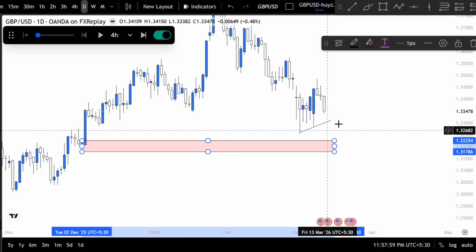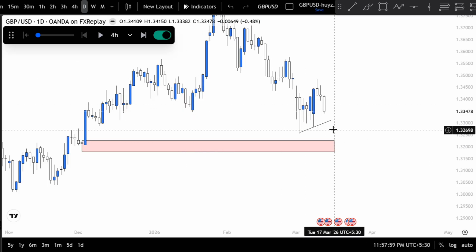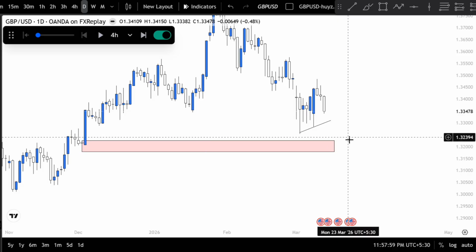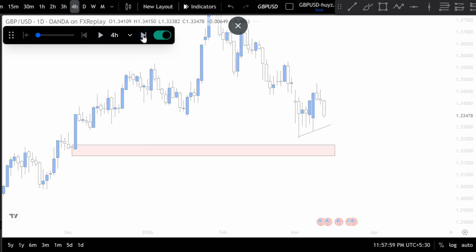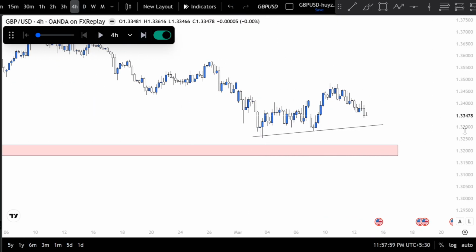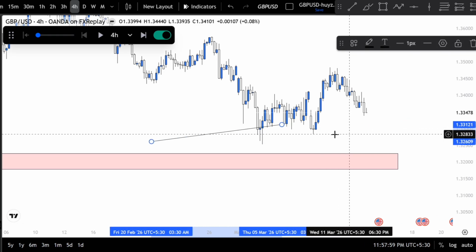So we will wait for price to come here, and then we will shift into the 1 hour time frame, wait for market structure shift, and then we will plan our trade. Now let's play the price. By the way, I'm on FX Replay, and this is the best backtesting tool ever.